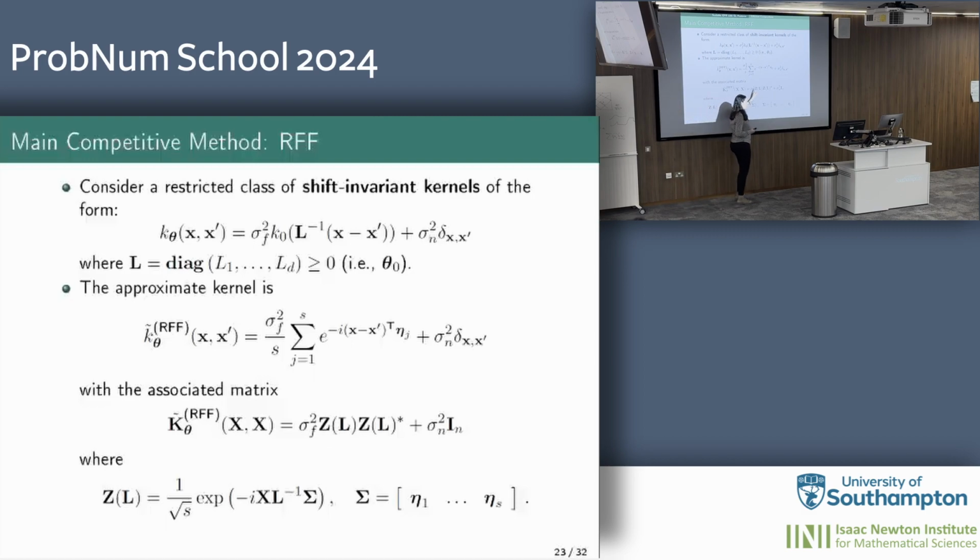But you cannot escape from having these hyperparameters inside. What does it mean? It means that when I want to do hyperparameter learning in my GP, I cannot escape from computing this matrix again and again in each iteration. So this is a very simple and nice method in general, but it's not very applicable for GPs.